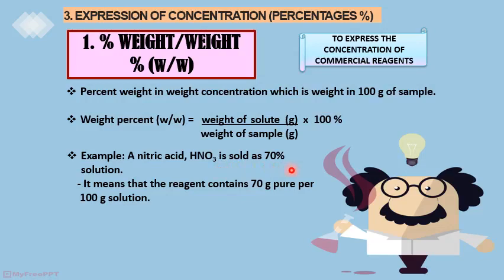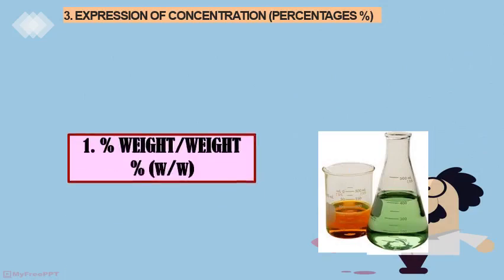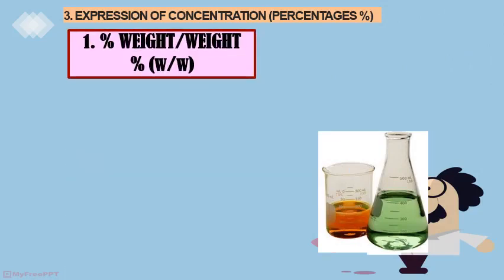So 70% weight per weight equal to 70 gram pure nitric acid per 100 gram solution times 100.